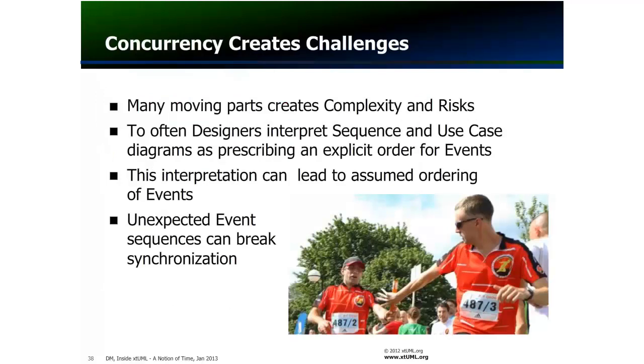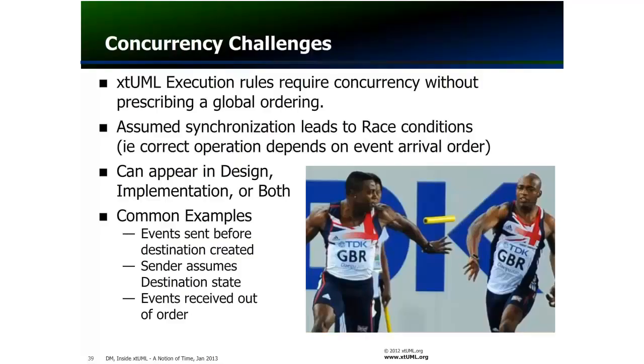While discussing the concurrency rule for xtUML, I highlighted the challenge of maintaining synchronization when a message chain becomes longer than a simple sender-destination pair. Complex behaviors often contain these multi-step message chains, and they are not always easy to spot. Further compounding the challenge is human nature, where we tend to interpret an image, such as a sequence diagram, the same way each time we see it.